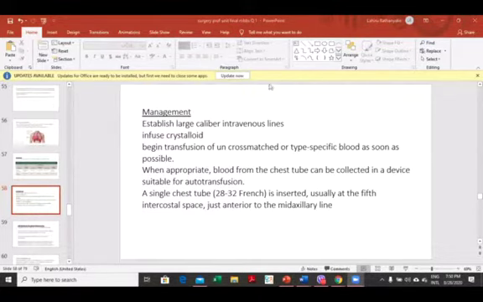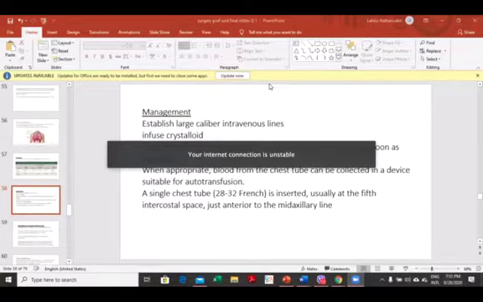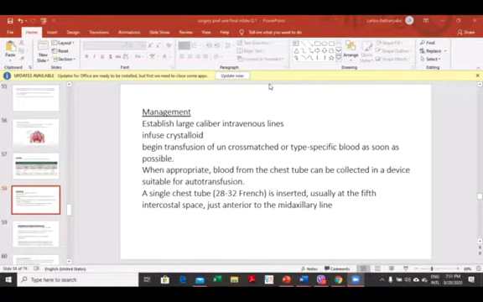You can infuse up to 1 liter of crystalloid. Hartmann's is the better one. After it exceeds the 1 liter limit, you have to transfuse uncross-matched blood or type-specific blood, according to the availability.